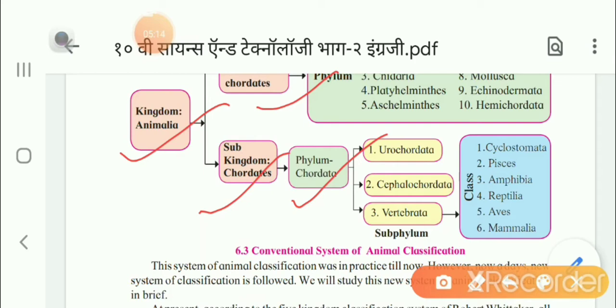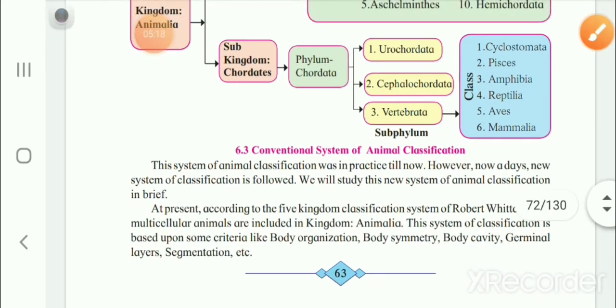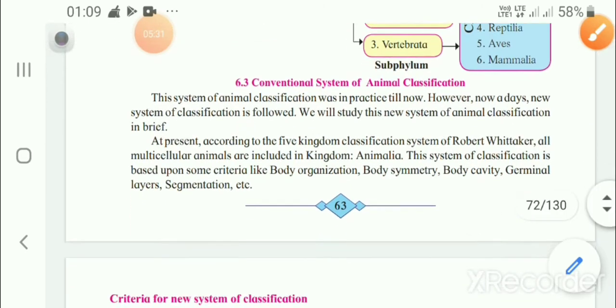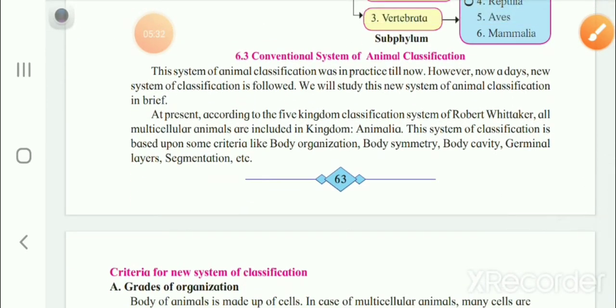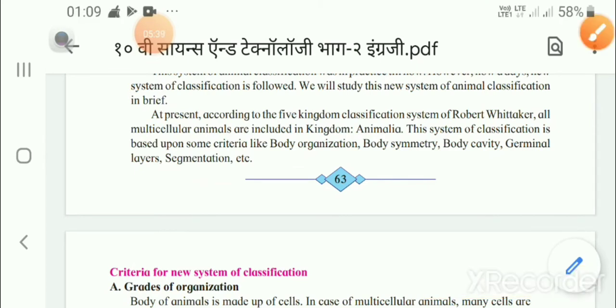Now let us show you here. This Vertebrata is further divided into these 6 classes. Already I explained you. Now here this is called the conventional system of the classification.